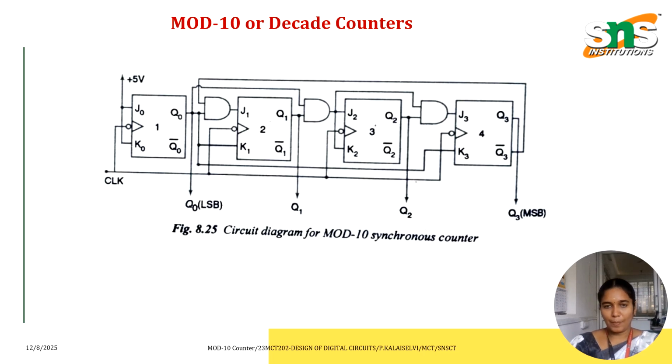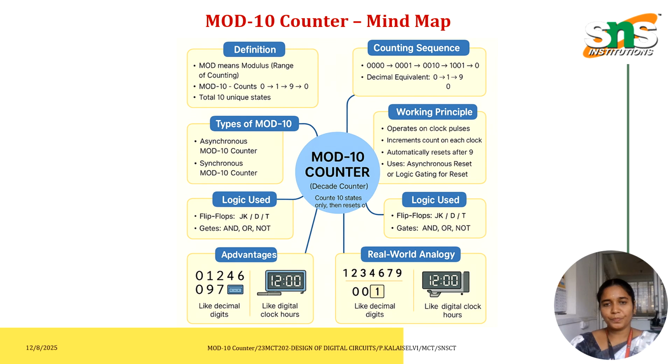This is the schematic diagram for the decade counter, and this is the mind map of MOD-10 counters as a summarization. Here we saw the definition of MOD-10 counters, and the types: asynchronous MOD-10 counter and synchronous MOD-10 counter.